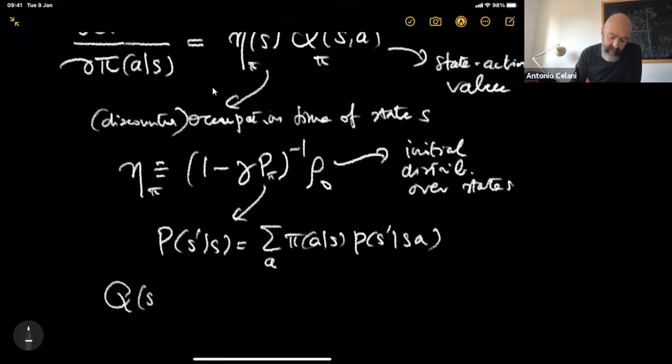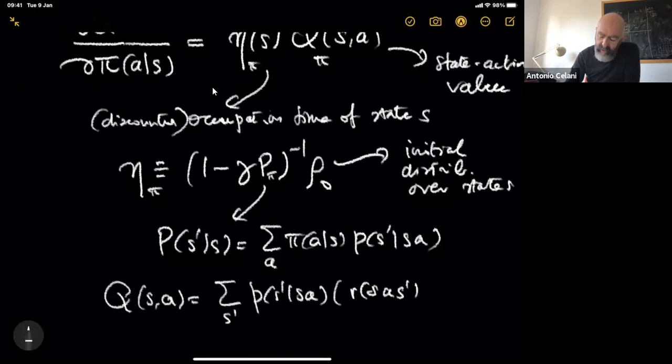Okay, and then what is Q? Well, Q is defined as the expected value under the policy pi if we start from a certain state S and we pick action A, which means that if we are in state S and pick action A, we will end up in state S prime, and in this process we will incur a reward r(S, A, S prime), and then from state S prime, what we will get under that policy is the value starting from state S prime.